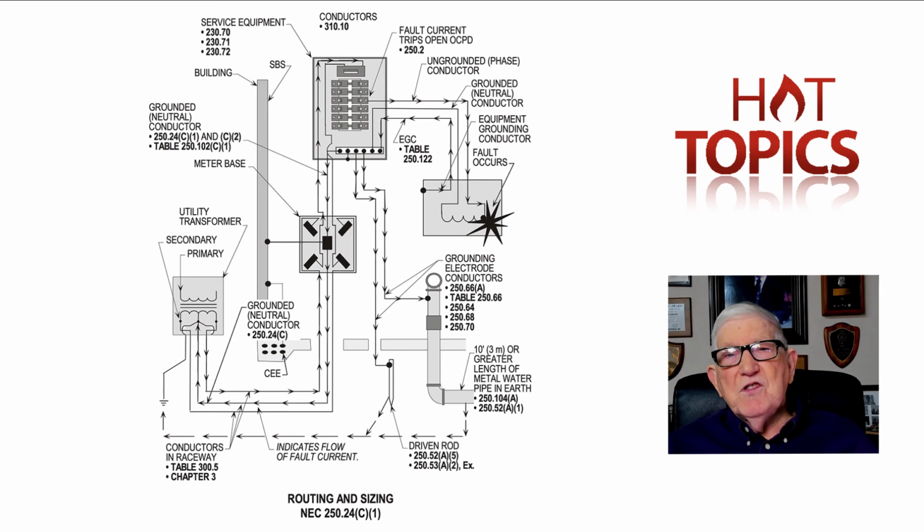Now, AFCI protection is for low magnitude faults, like for extension cords, cords that supply lamps and things like that. Now, we would go to 220.12 to make that installation.